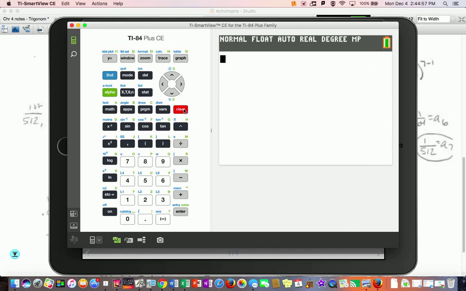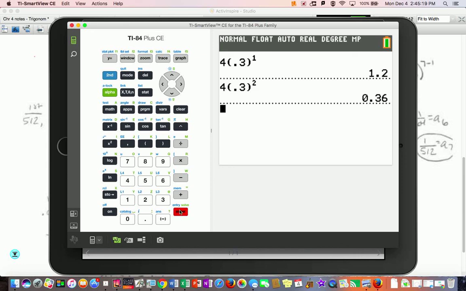Let's clear this out. 4.3 raised to the first power, 1.2. Then you do 4.3 raised to the second.